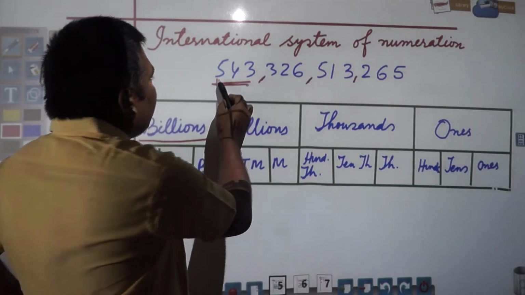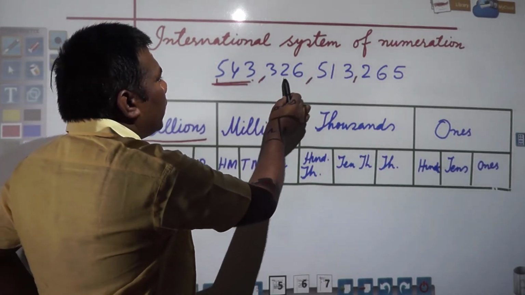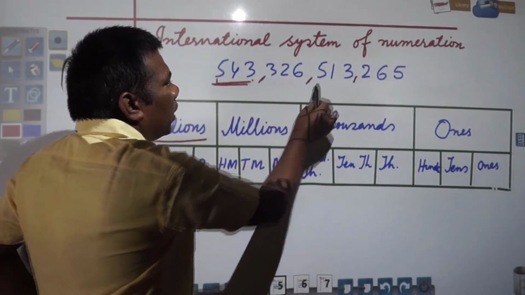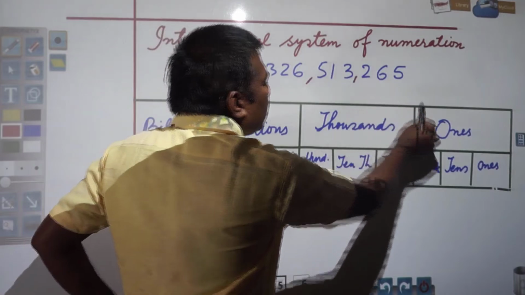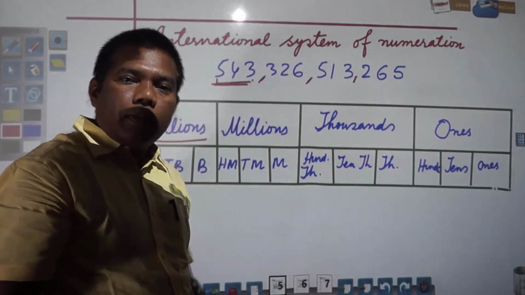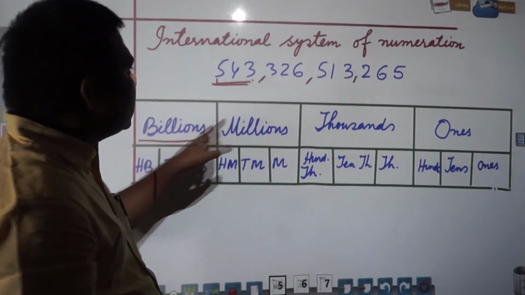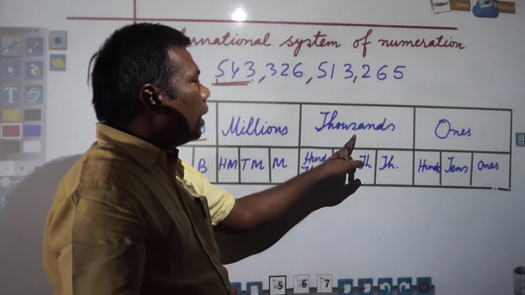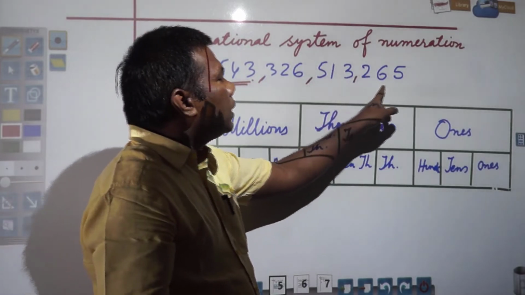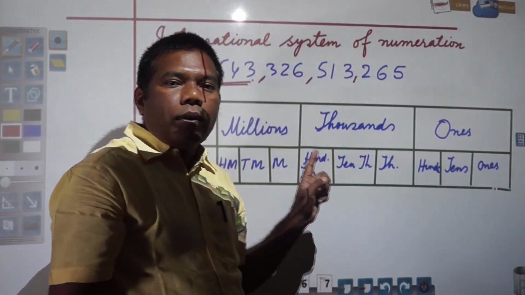This is 543 billions, 326 millions, 513 thousands, 265. In this way we read: 543 billions, 326 millions, 513 thousands, 265.